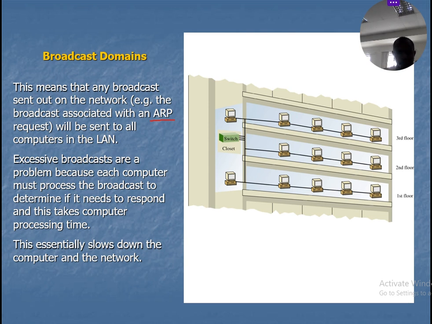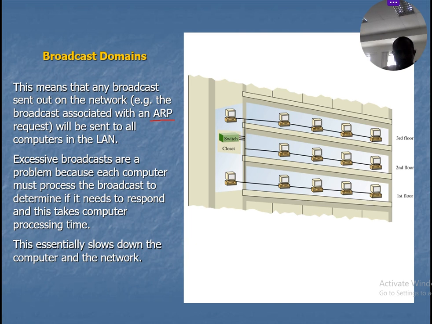This results in what we call a broadcast domain. So all the computers will keep receiving, even if the data packet is not meant for you. You keep receiving requests: are you the owner of this? You have to make a decision using your MAC address, if it's yours or if it's not yours. If it's not yours, you let the network know, no, this is not mine.